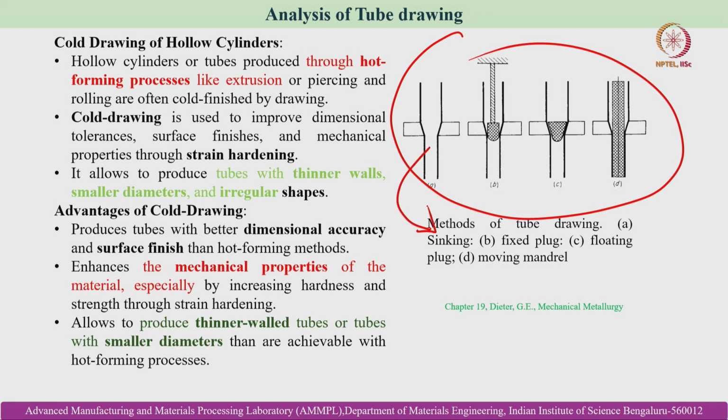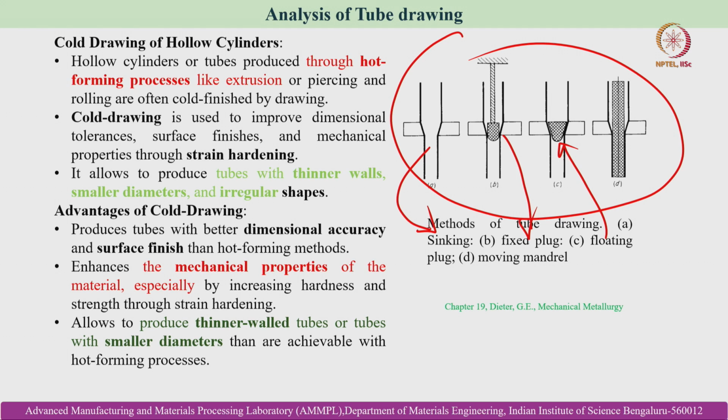This is A. When we use a fixed plug to reduce the thickness of the hollow tube by this cold drawing technique, as shown in figure B, that is the fixed plug case. And this is a typical case of floating plug, which is useful to optimize the thickness reductions at the region where the section goes through the conical, converging die, where the hollow tube changes its cross section.